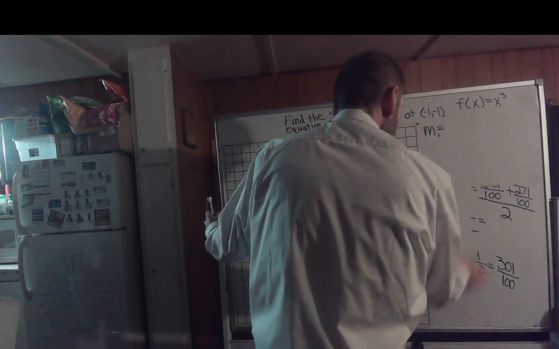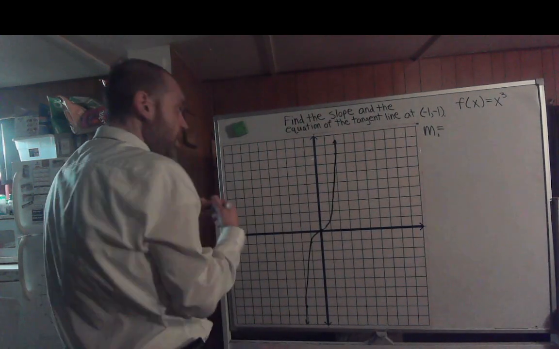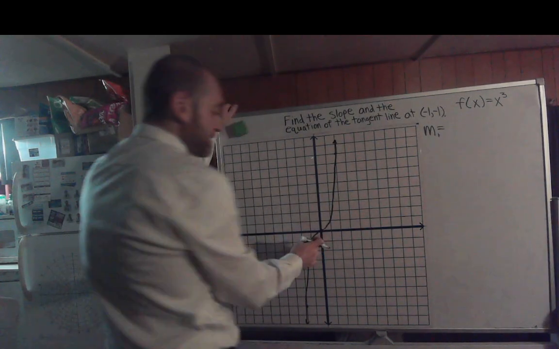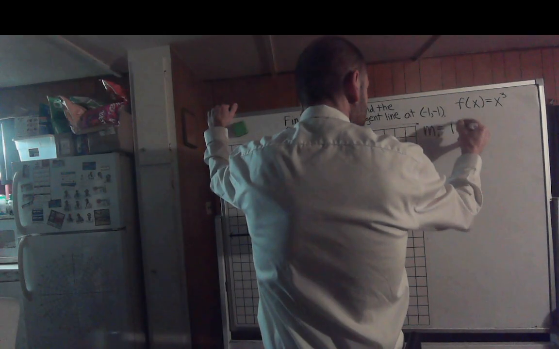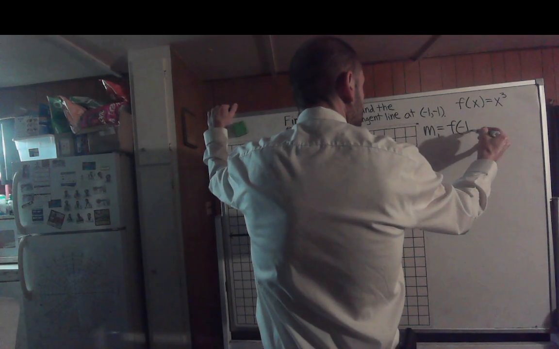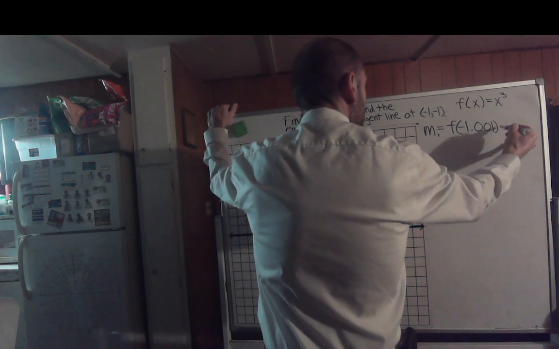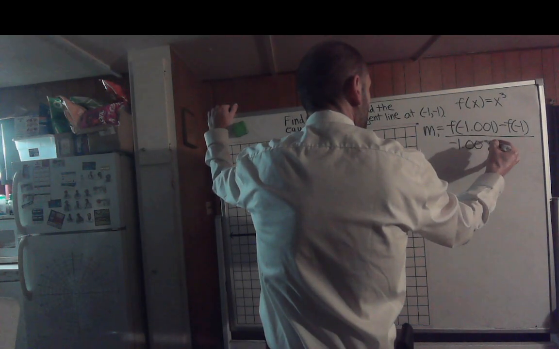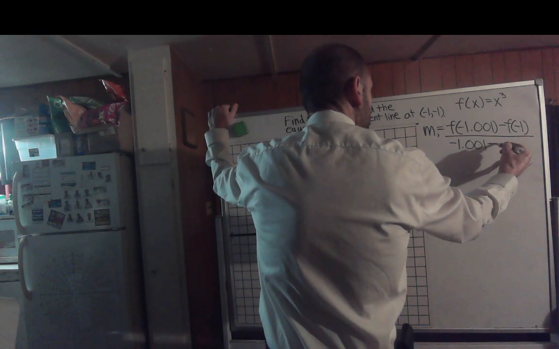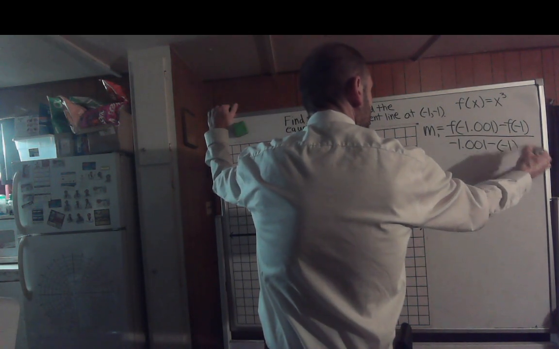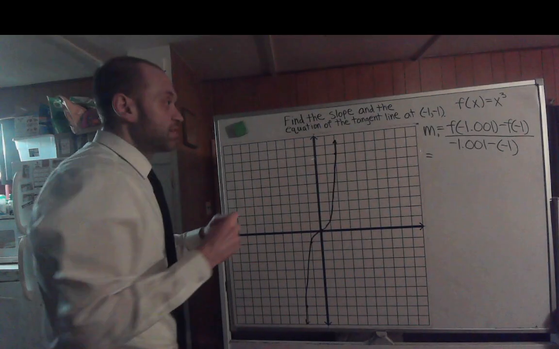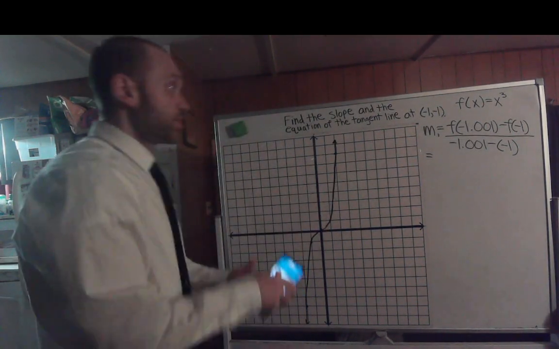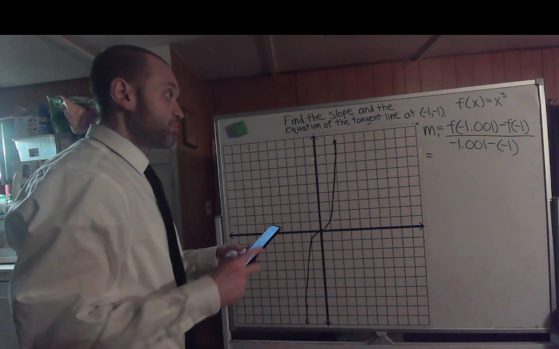If I go 1,000th of a unit away from x equals -1, that's going to give me f of -1.001 minus f of -1 divided by -1.001 minus -1. Well, now, what is -1.001 to the third power? It's not going to be a pretty number.